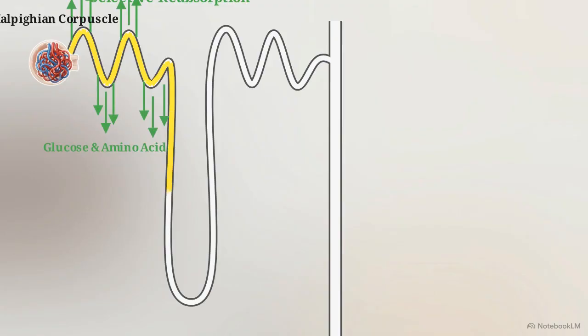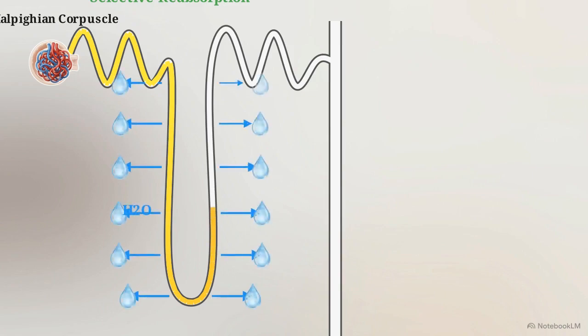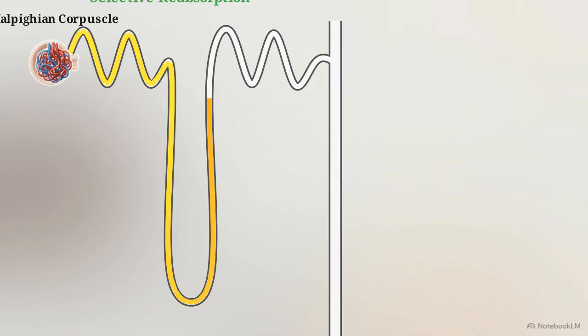Here, 100% of the filtered glucose and essential amino acids are aggressively pulled back out of the tubule and into the surrounding capillaries. At the same time, passive and active transport mechanisms reclaim the vast majority of the water. This is what prevents rapid systemic dehydration.